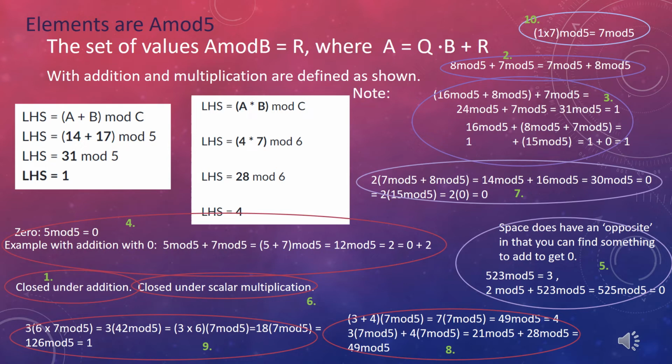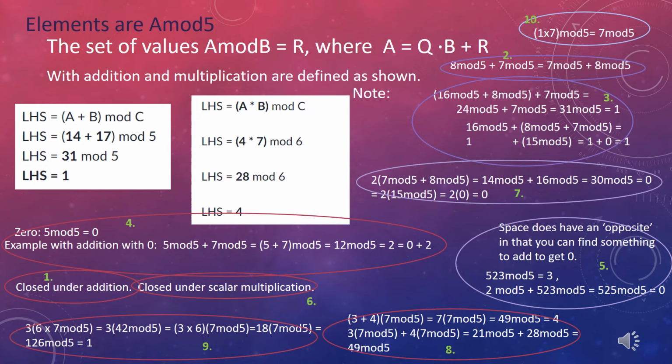So how we're going to define addition is that A plus B mod 5 would be, for example, 14 plus 17 mod 5. In our set, we're doing A mod 5. You would add 14 and 17 together and you would get 31 mod 5. 31 mod 5 is 1 because when I divide 31 by 5, I get a remainder of 1.